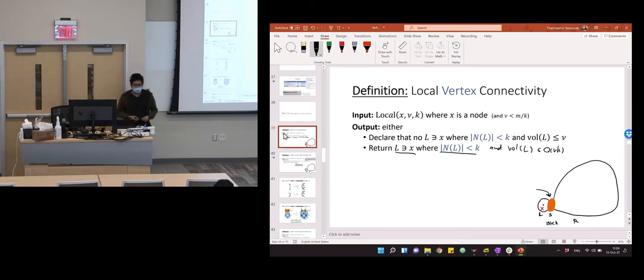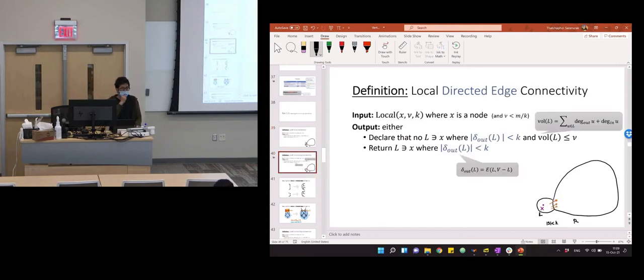Can you suggest how we should solve this vertex version using this one? Any suggestion?